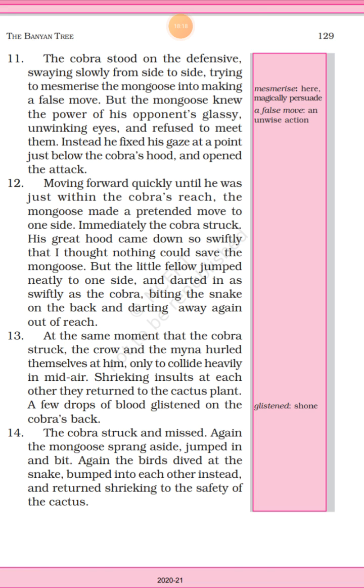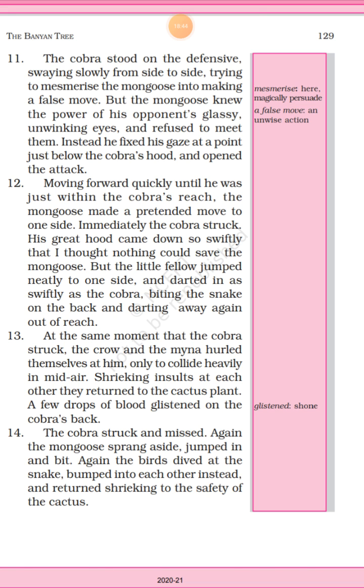Yes. At the same moment that the cobra struck, the crow and the myna hurled themselves at him only to collide heavily in the mid-air. They wanted to know what is happening to these two. Shrieking insults at each other, they returned to the cactus plant. What did they do?